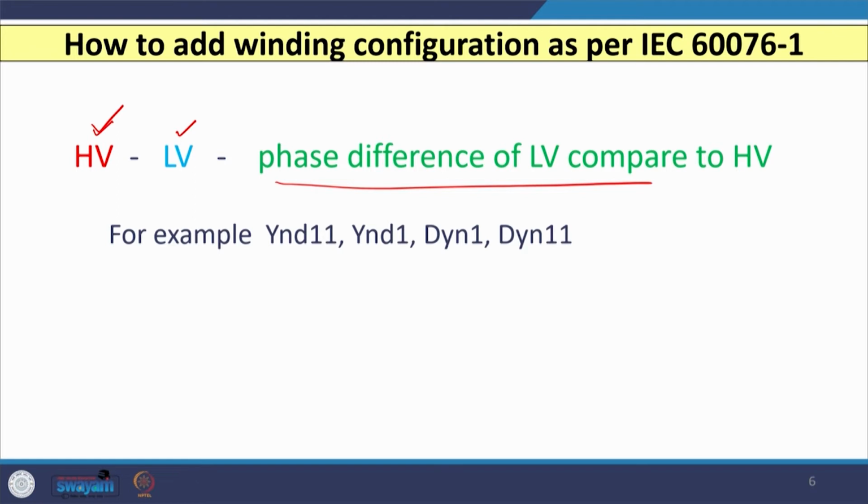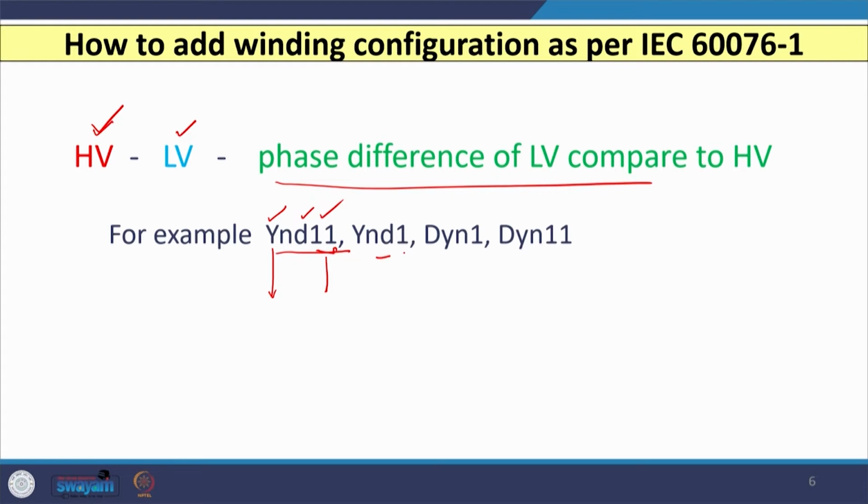For example, if I consider star grounded, neutral grounded, with delta 11 connection, then this is your HV winding, that is star, your LV winding is delta, and the phase shift between delta and star is 11. Here the meaning of 11 is that your LV winding phasor, which is delta, is leading by an angle of 30 degrees with reference to your HV winding phasor, that is star.